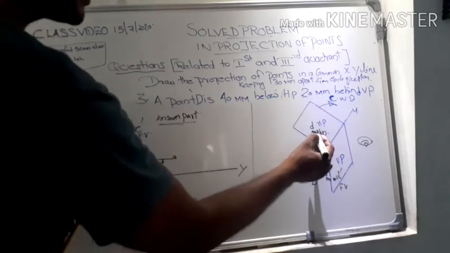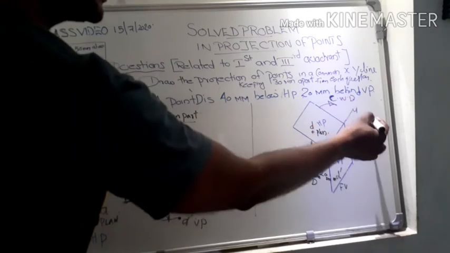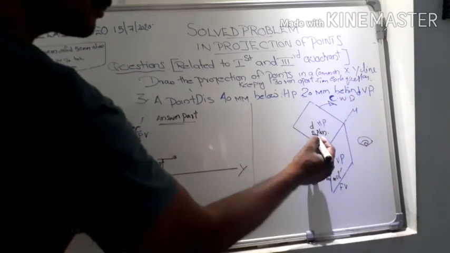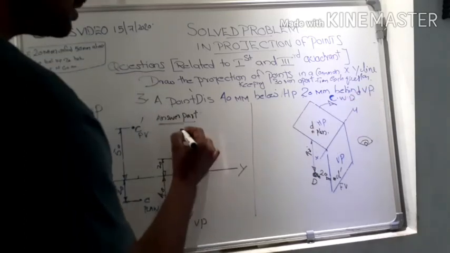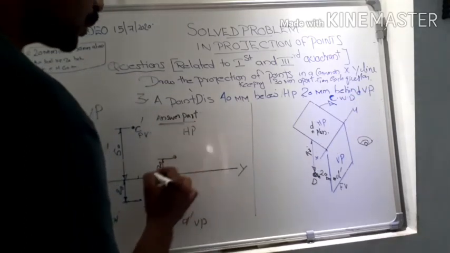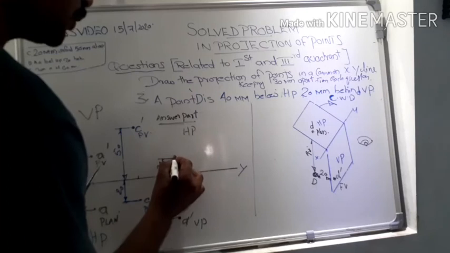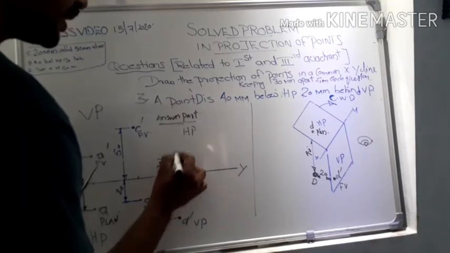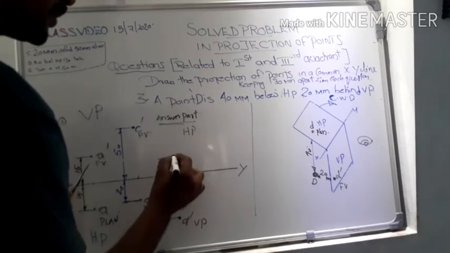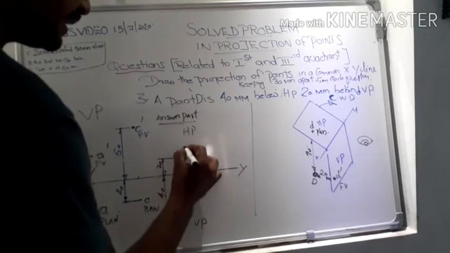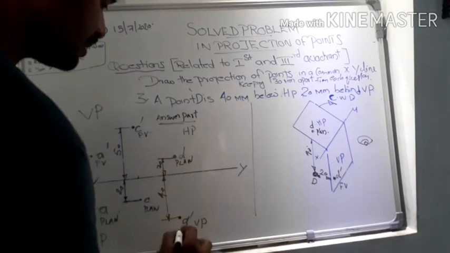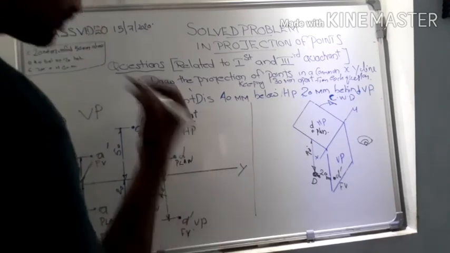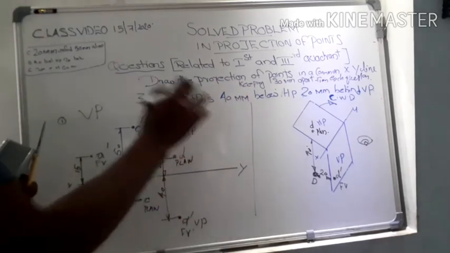After projecting that point, the HP rotates in clockwise direction, then that point and this plane also come above the horizontal XY line. Now, we put a point here, keeping the distance 20 mm, and mark that point as d. This is our plan and this is our front view. Now, the third question is completed.